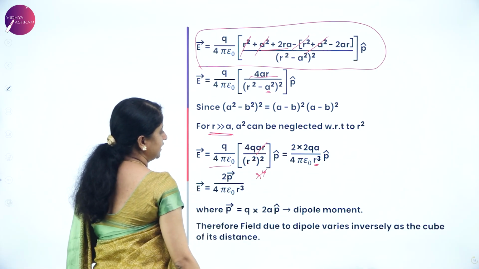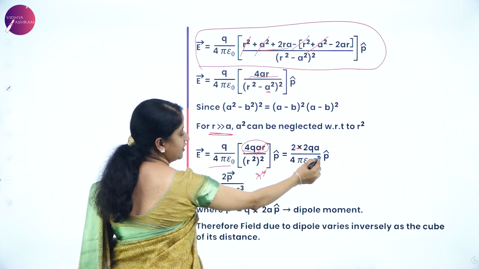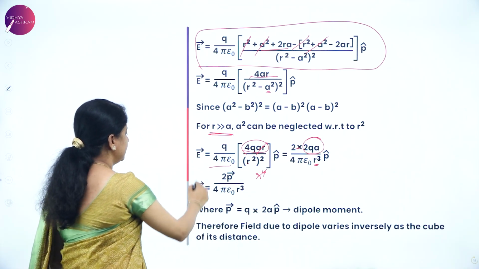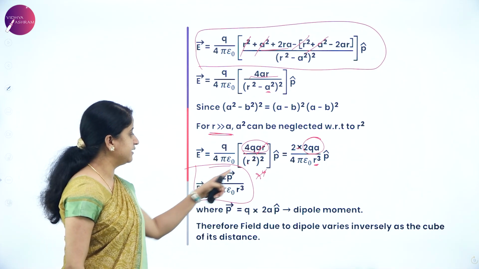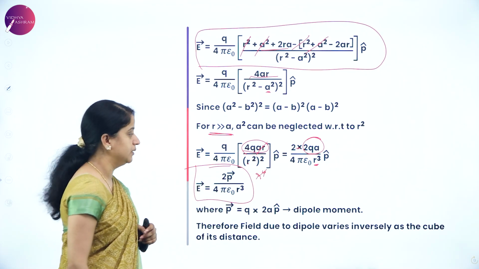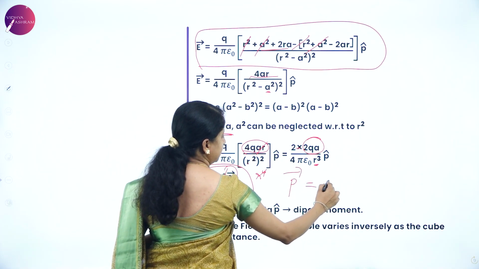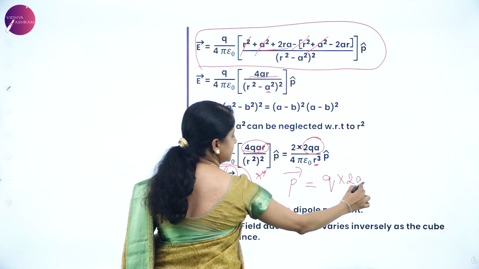So we can write this as 2 into 2qa divided by 4 pi epsilon naught into r cube. What is 2qa? It is nothing but the dipole moment, and hence we get the expression E is equal to 2p divided by 4 pi epsilon naught into r cube. How did we get p? P is nothing but the dipole moment, that is the product of the magnitude of either charge and the distance between the charges, that is 2a.